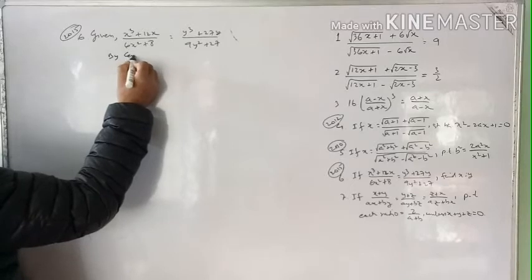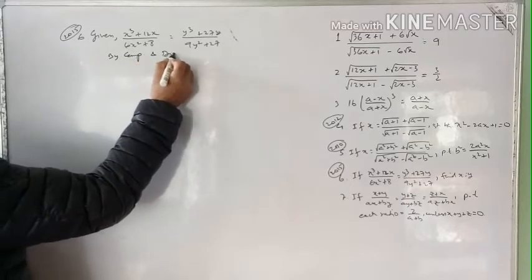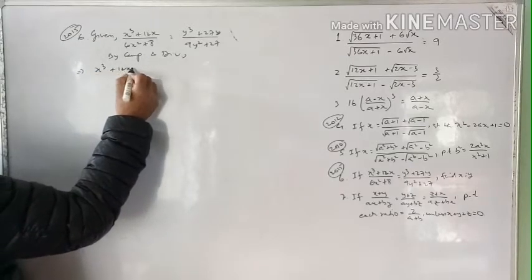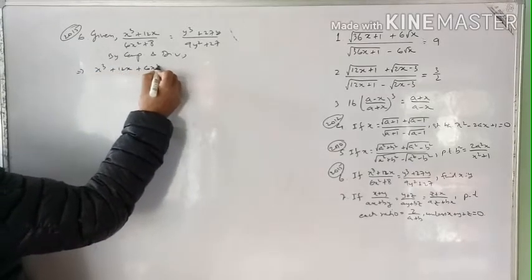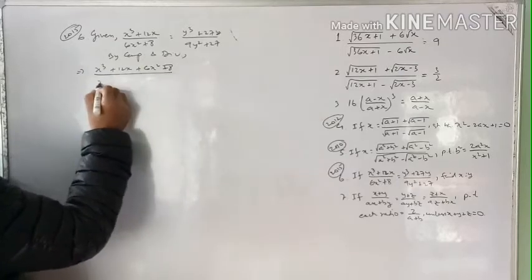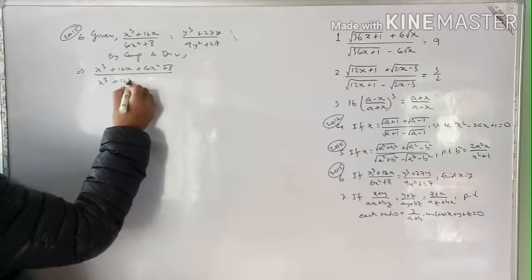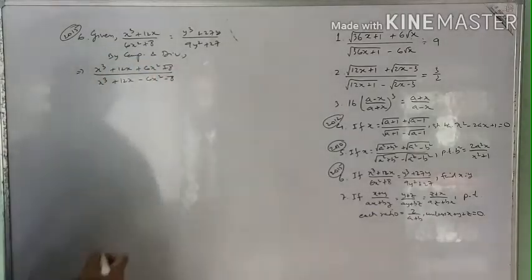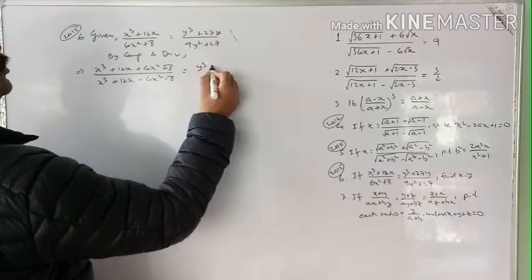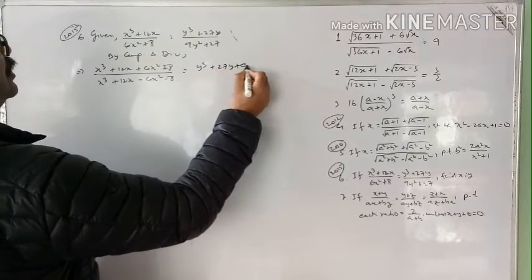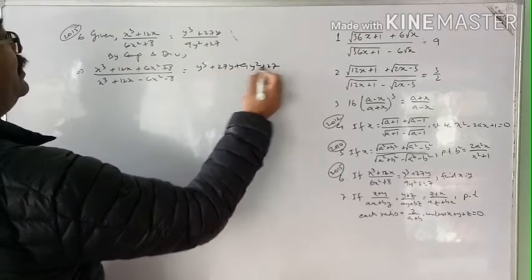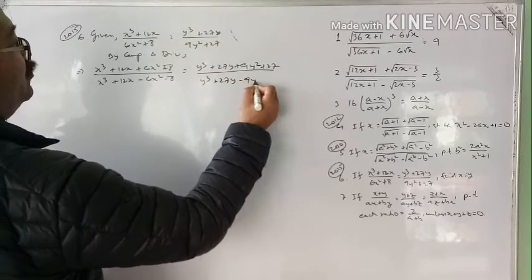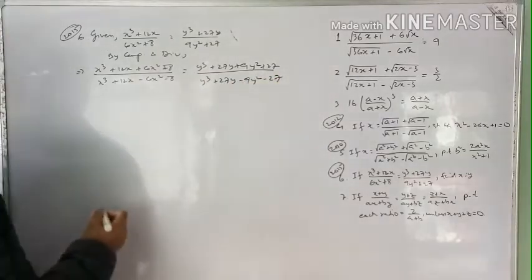So by componendo and dividendo, what we get, x cube plus 12x plus 6x square plus 8, x cube plus 12x minus 6x square minus 8, adding subtracting. Here same way, y cube plus 27y plus 9y square plus 27 and y cube plus 27y minus 9y square minus 27.